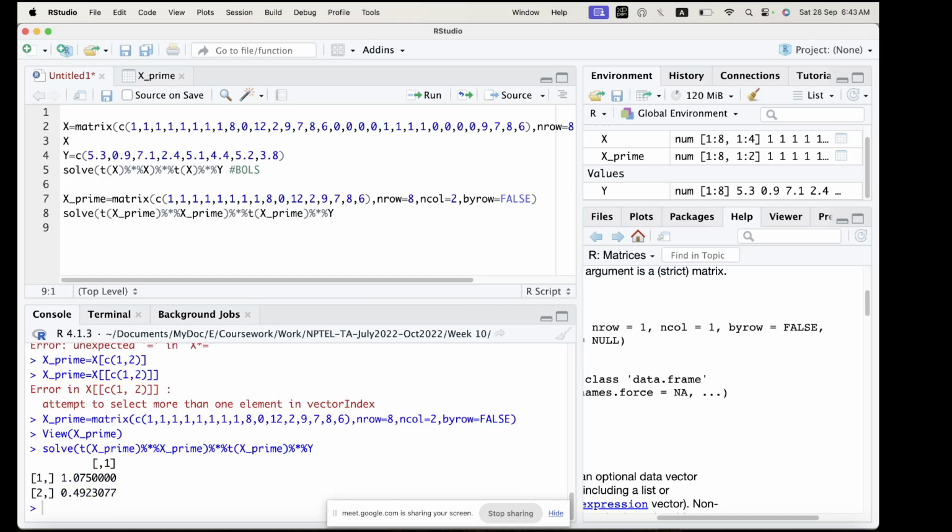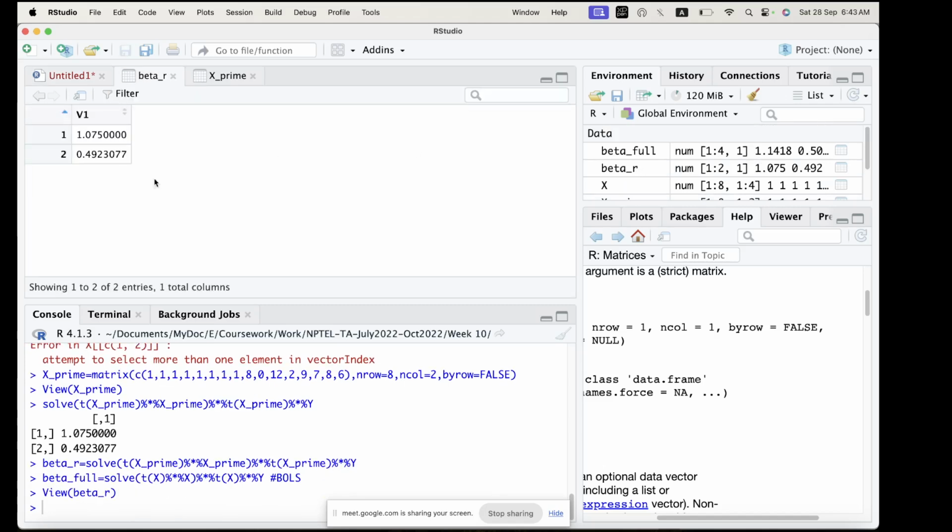Okay, so now this is my beta star. This is beta full, let's say, and this is beta restricted.